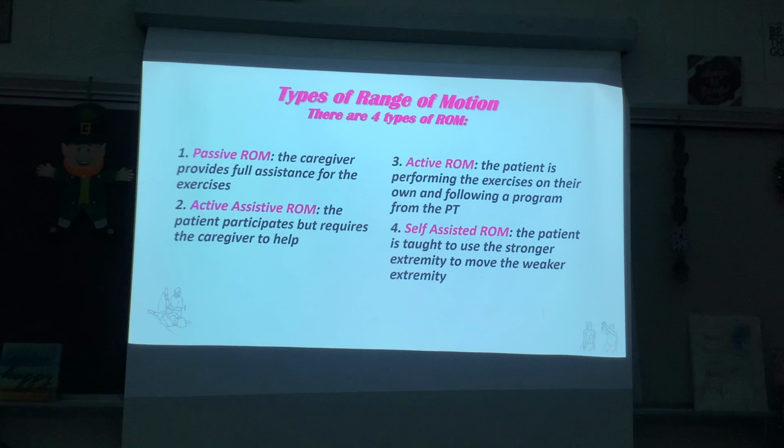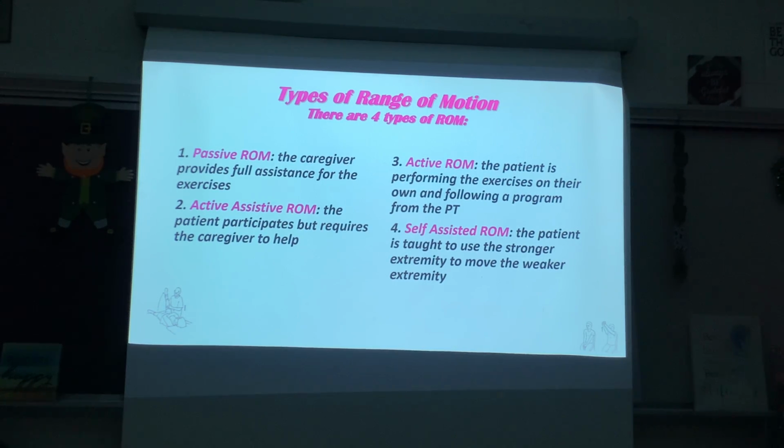So let's say that we have left-sided weakness, so obviously there is a CVA on the right side of the brain, because you know that if it's the right side of the brain, the left side of the body is affected. If it is the opposite, then it's the opposite, okay? So he had a right-sided CVA, he's going to have left-sided weakness. He would use his stronger right side, his right arm, to be able to actually move his left arm, which would be the weaker extremity, okay?